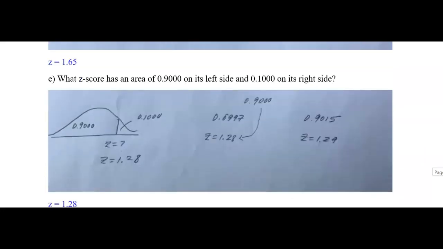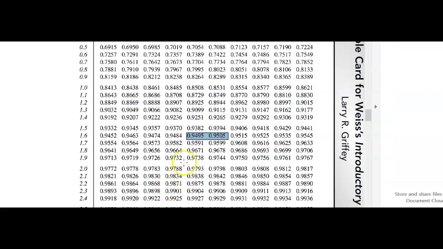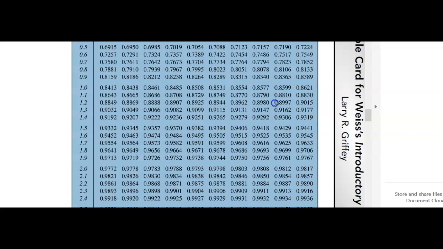What z-score has an area of 0.9 on its left, and 0.1 on its right? So we're looking for 0.9000. Oh, look here.